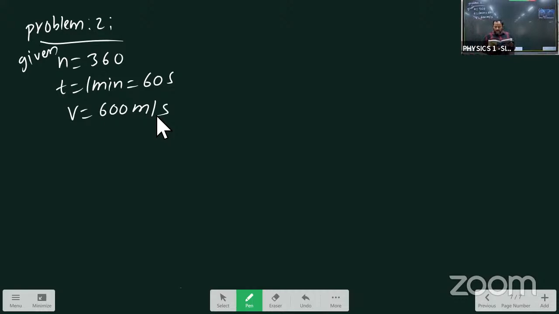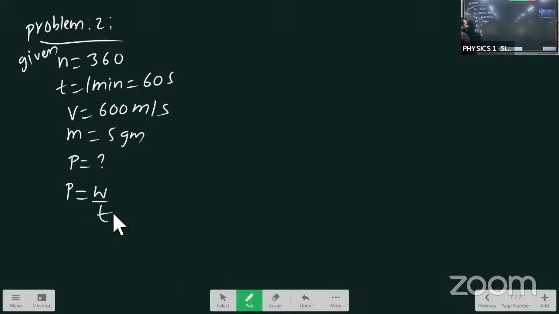If the mass of each bullet is 5 grams, find the power of the machine gun. Again, they're asking power. Power equals rate of work. Rate of doing work we are treating as power.